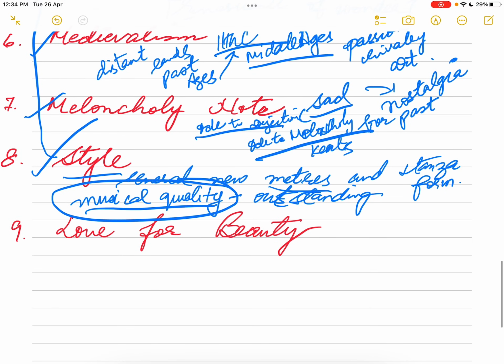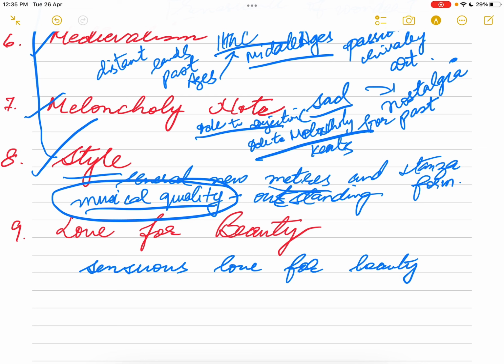And last, not very significant, but yes, because under this category some poets do come. That is love for beauty, sensuous love, as we call it, and this you will find in Keats, sensuous love for beauty.